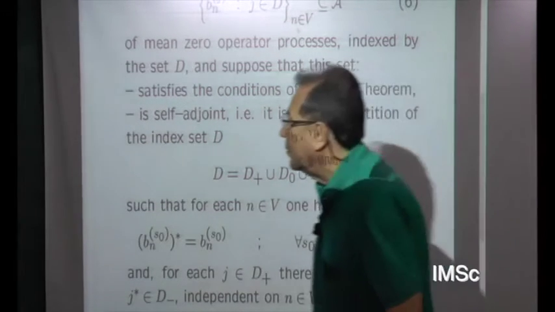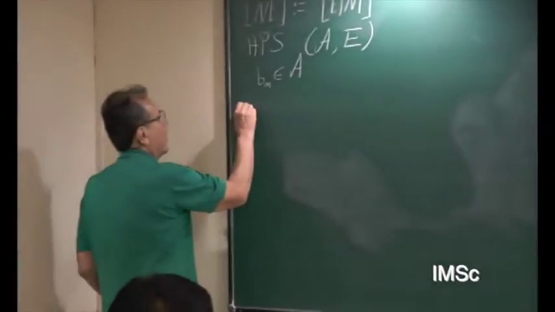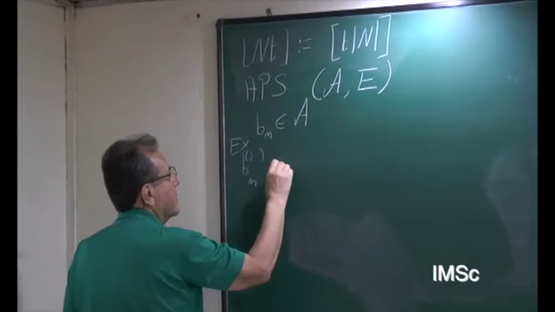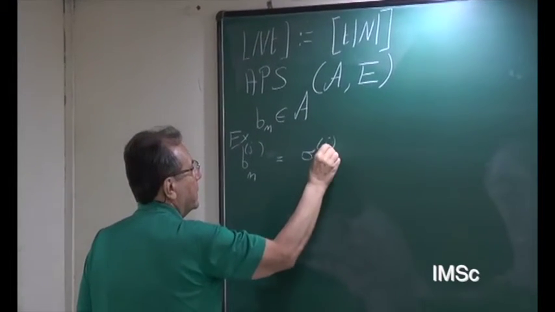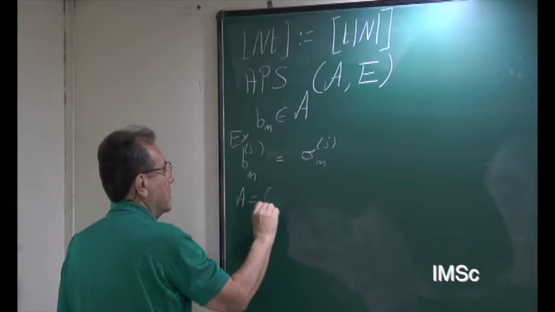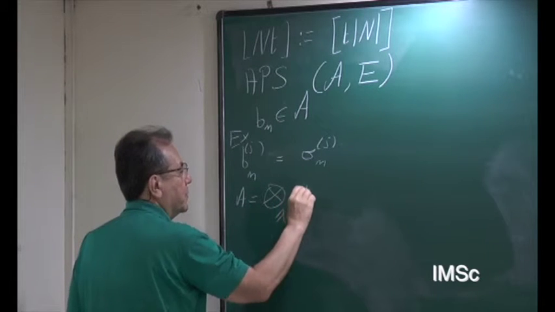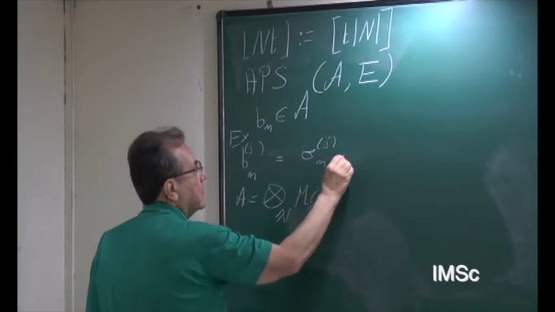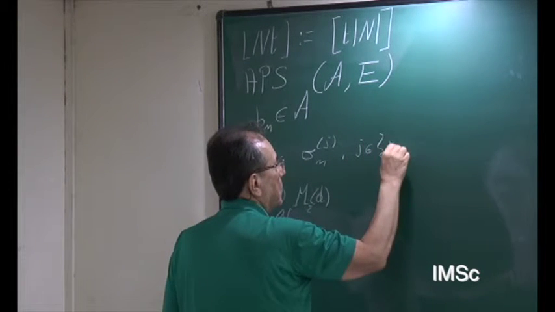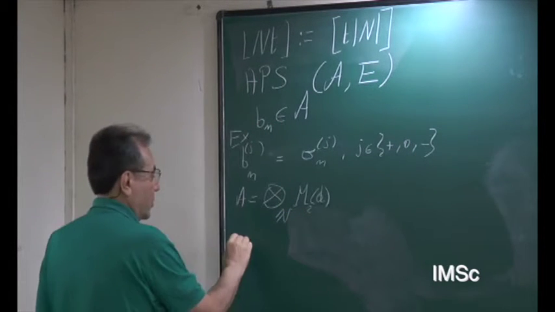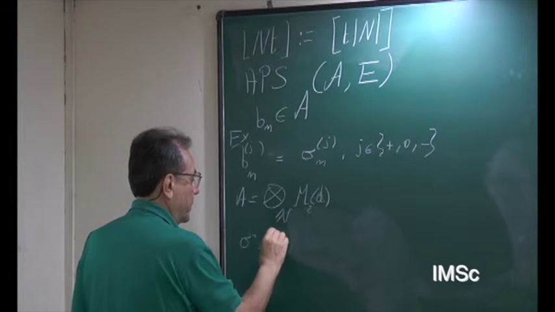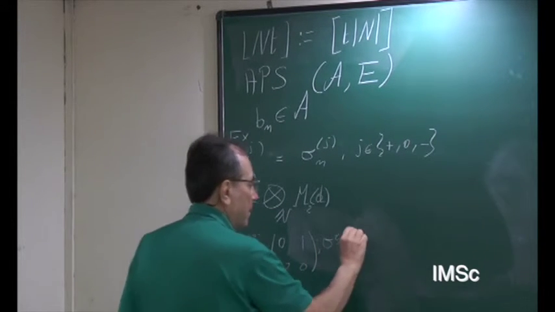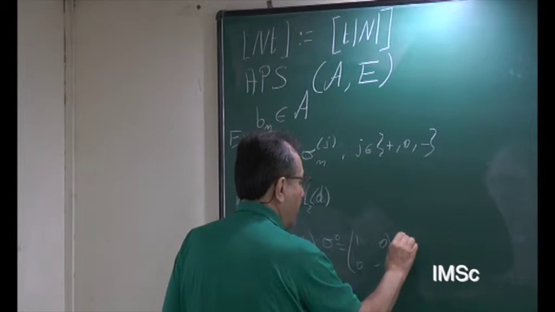The basic example we can take is Bjn equal to sigma jn, and the algebra A will be a countable tensor product of 2 by 2 complex-valued matrices. And sigma j is sigma plus plus sigma minus, where sigma plus will be the matrix, and sigma minus the adjoint of this.